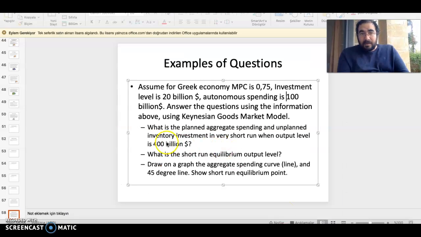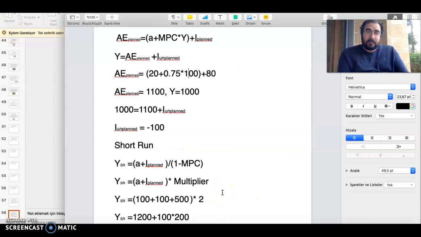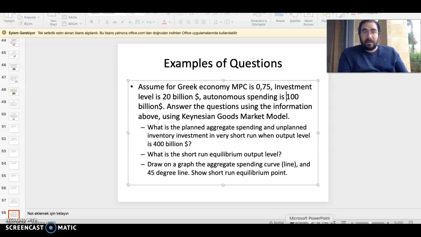This is, I believe, no, $400 billion. What will happen in this case? In this case, planned aggregate spending will be, well, this will be 300, basically, this part. And to this 300, I will add another 100, which will become 400 in this case. So I have actually the equilibrium in that case.